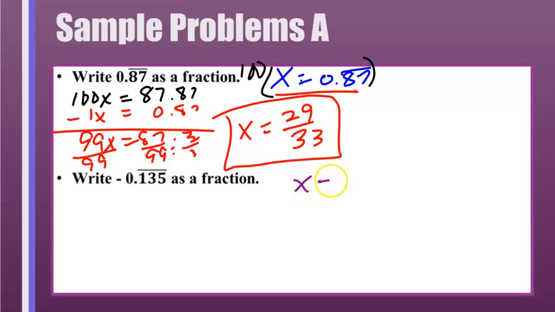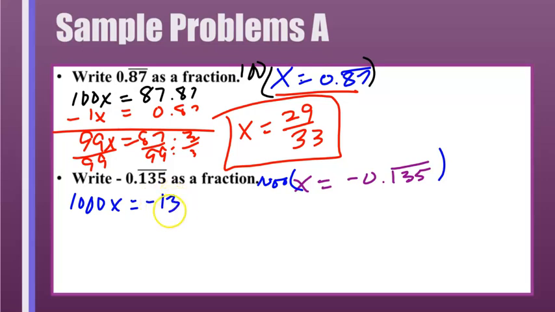Next I have x equaling a negative 0.135 with the 135 being repeated. I'm going to multiply this by 1,000. So that gives us 1,000x equaling a negative 135.135. So then I'm going to put this equation underneath.